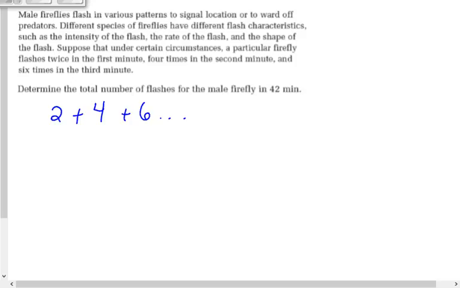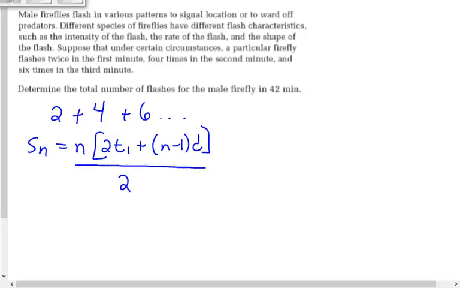Okay, so we need to look back to our formulas and decide which formula we are going to use. We have the first term, we don't know what our last term is, and we don't know what the number of terms is, so we can't use that first formula. That means we have to use this second formula. Okay, and we're just going to substitute the values in here that we know.